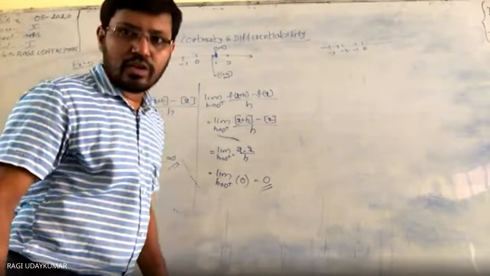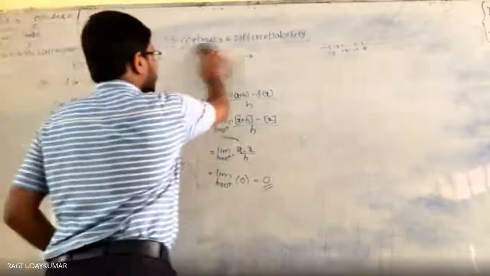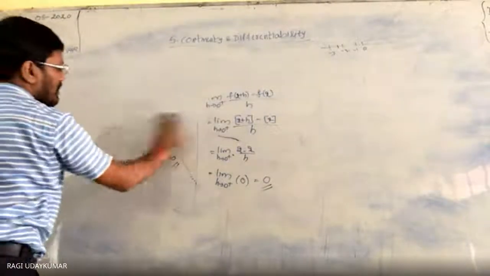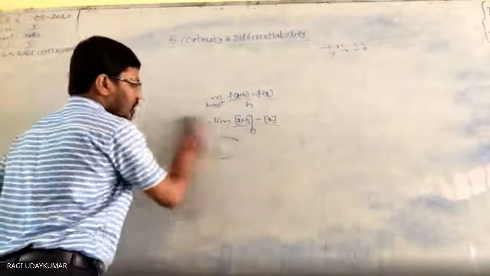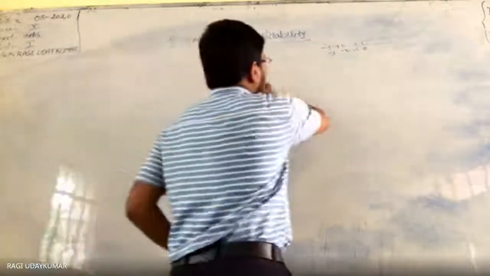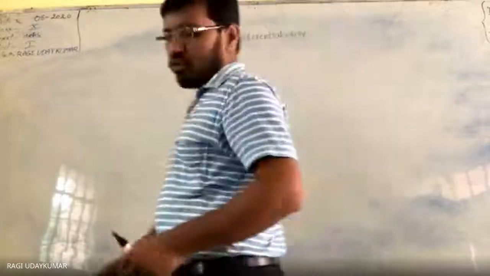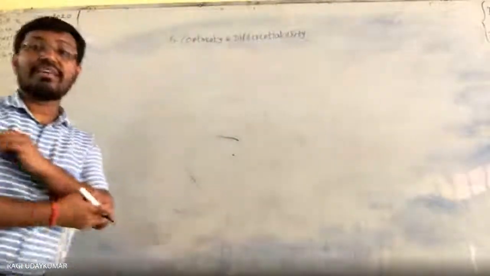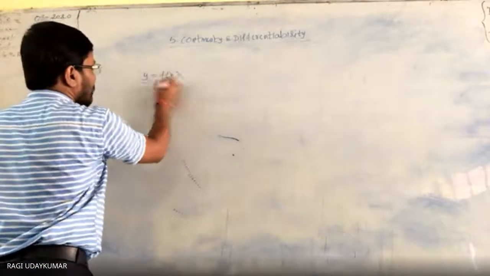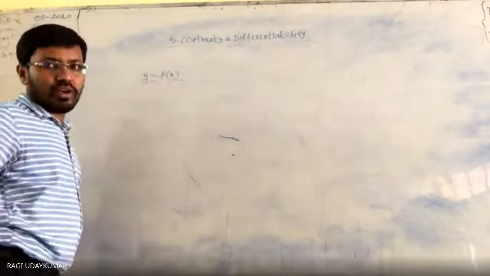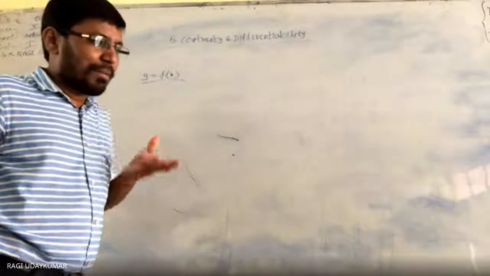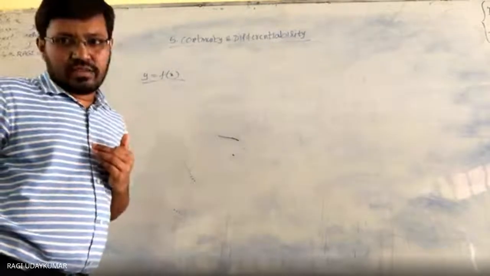Okay, now let us go for the implicit functions. Which functions are called implicit functions and which are called explicit functions? Till now we have solved all the differentiation and derivatives of functions which are in the form y is equal to f of x. Isn't it? f means the function is completely in terms of x.